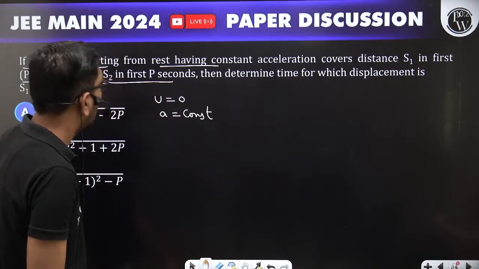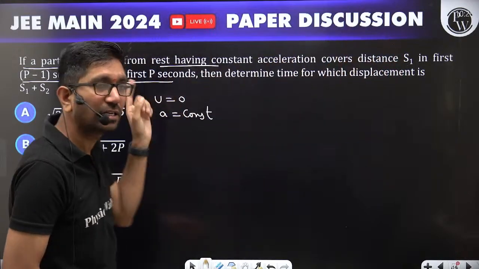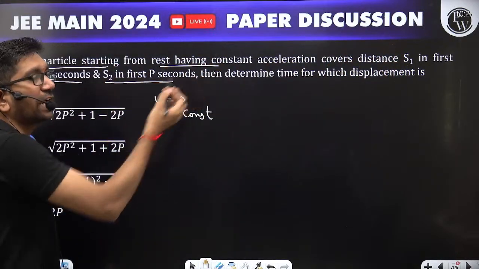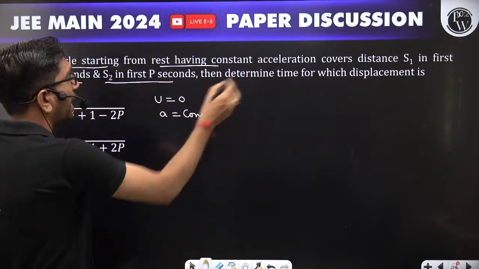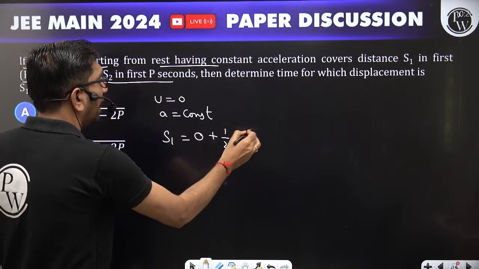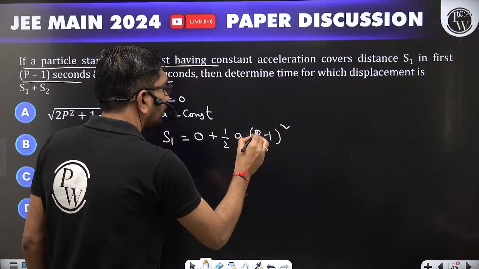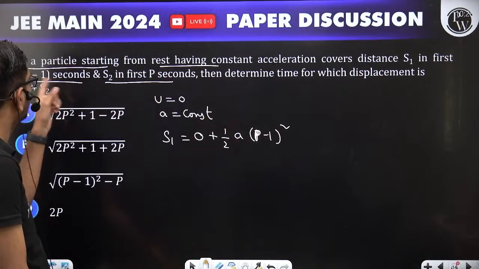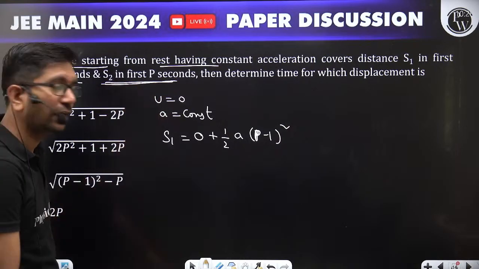Here he gave displacement and time, so you can use the displacement-time equation s = ut + half a t squared. For s1, the time given is (p minus 1) whole squared. This is the first case.